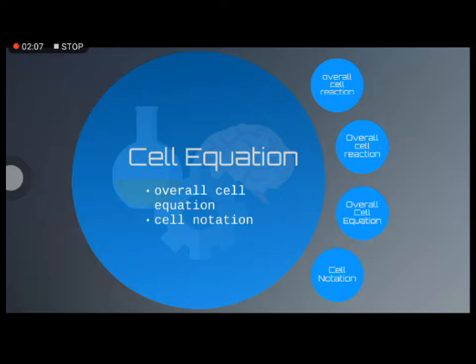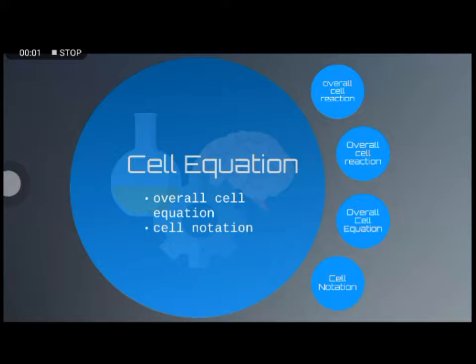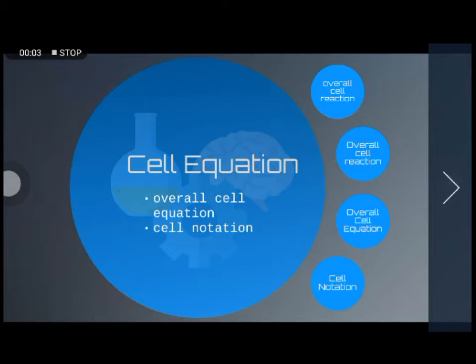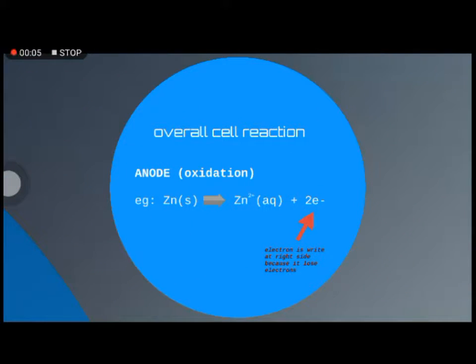The most important thing in this chapter is the cell equation. First, we're going to learn about the overall cell equation, and next, we're going to learn about cell notation. Okay, let's continue our journey in this video. First of all, we have to know about the half equation in anode and cathode. In anode, there is an oxidation process, so it loses electron.